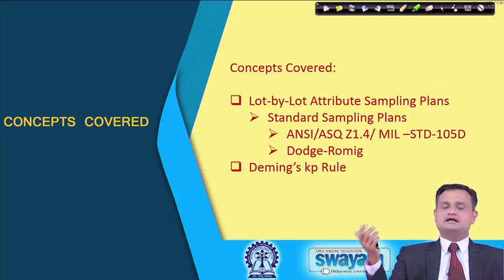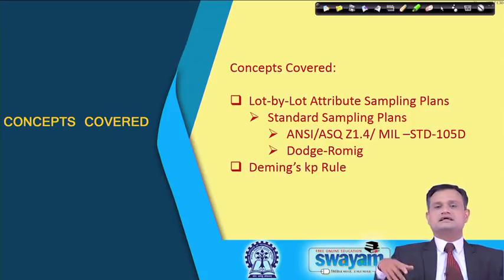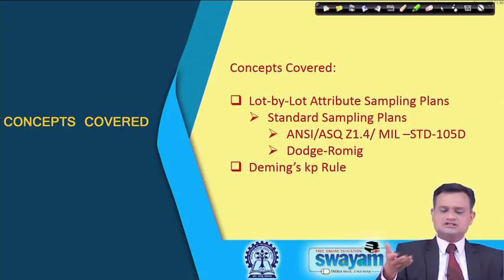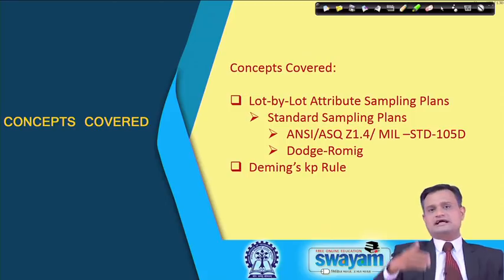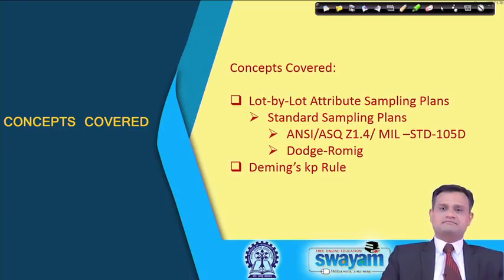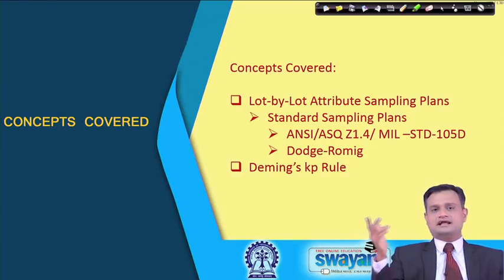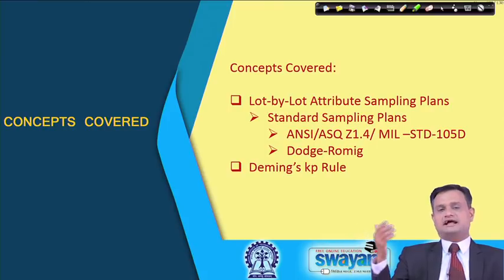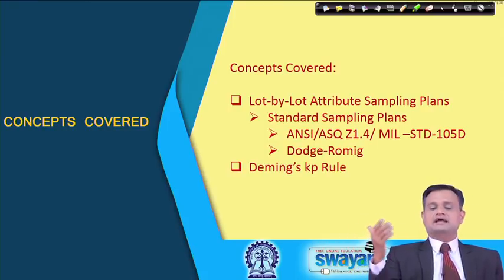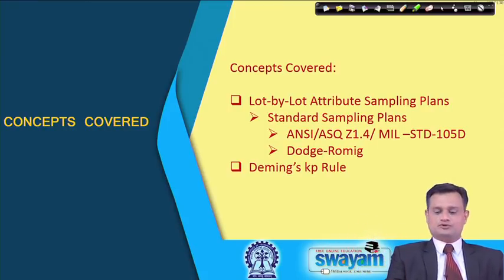Another very good, easy to follow sampling procedure is the Deming-Kapey rule. So, first we will complete our lot by lot attribute sampling plan, and in that we will discuss the standard sampling plans, typically two kinds, ANSI military standard and Dodge-Romig, and another one is the Deming-Kapey rule.